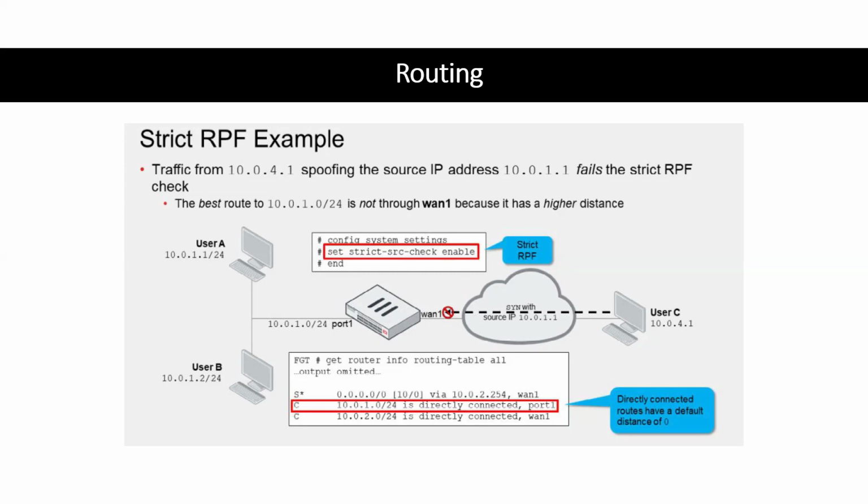The static route has an administrative distance of 10. That's where my packet came from. But I have a better path for my connected route with an AD of 0. Now I'm going to go ahead and drop your packet, homie. Does that make sense? Yes. Okay. All right.